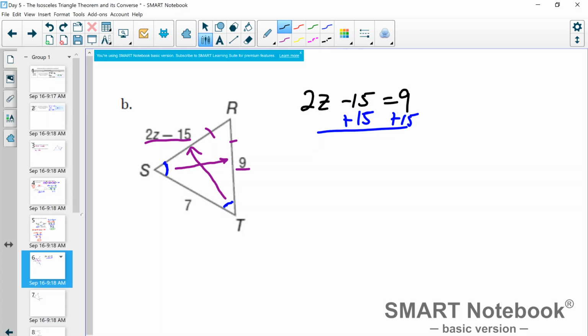So I get 2z is 24. And I'll divide by 2. So z is going to give me 12. So again, we're just tasked with finding the value of the variable. So we found our variable z is equal to 12, and I don't have to go any further.